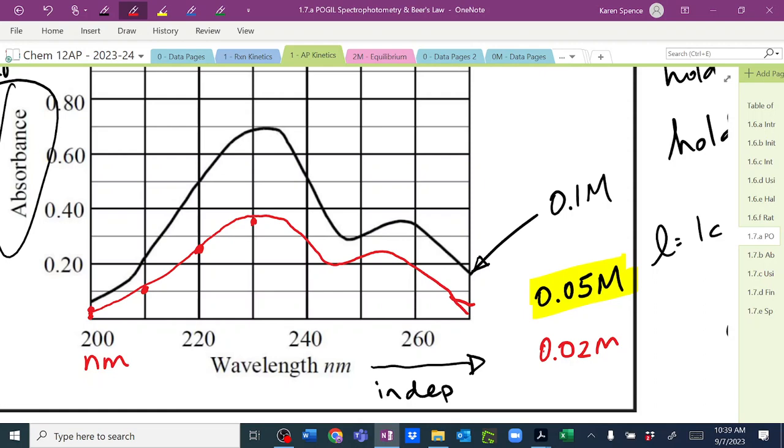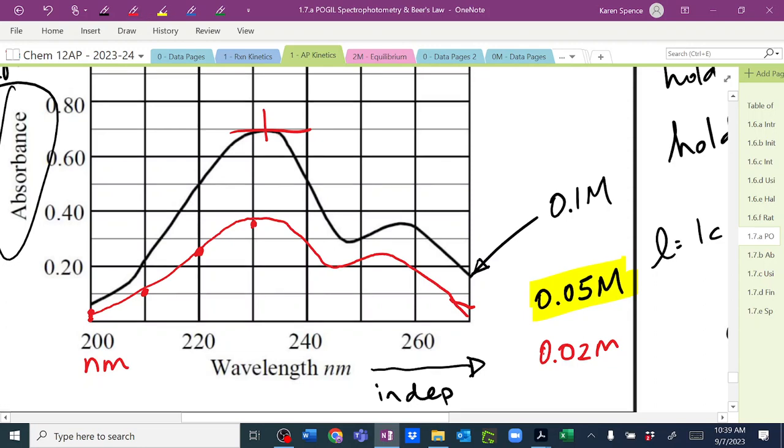So what we want to do is choose, and we'll use this for the rest of the experiment. So what you do is you actually do 2 graphs. You do 1 graph at a fairly decent concentration, and you get this profile, and you say, I'm going to select this wavelength here.